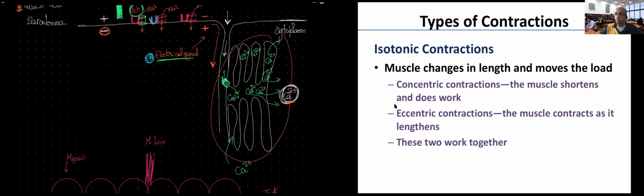If you are performing faster stimulation, you didn't allow a complete relaxation to take place. So you're going to still have some calcium outside in the cytoplasm from the previous contraction. When you get another stimulus, this is going to cause more calcium to be available in the cytoplasm.